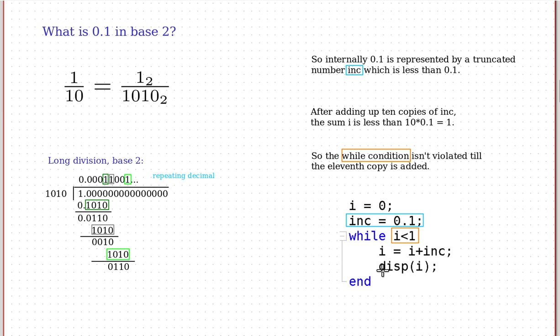And therefore it executes this loop one extra time until i becomes almost 1.1, not quite 1.1, but at that point it's certainly bigger than 1, and therefore this condition is no longer satisfied and we exit the loop, right? But only after having executed the loop one extra time, one time more than we thought it was going to.